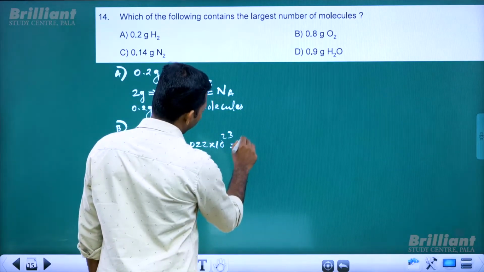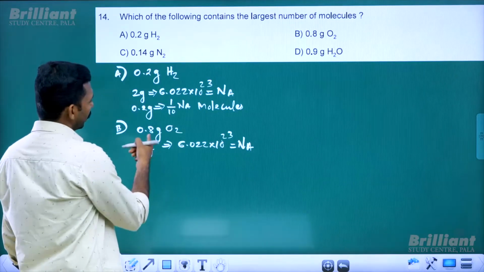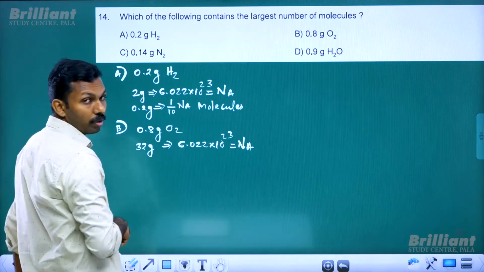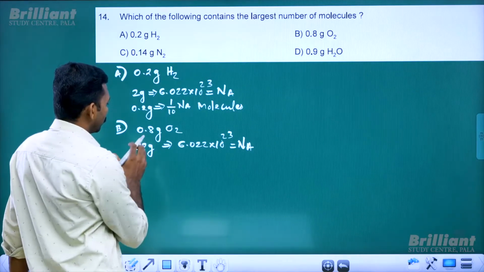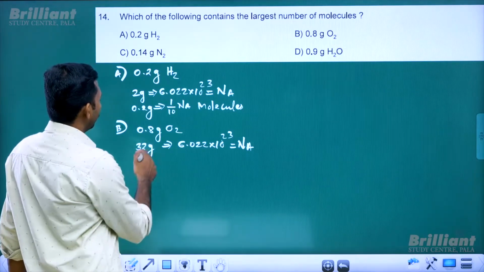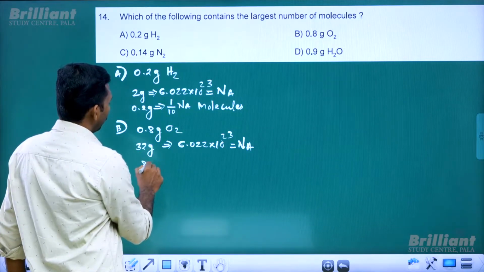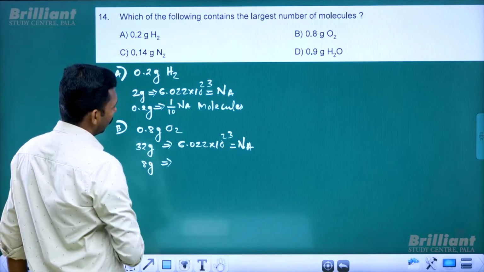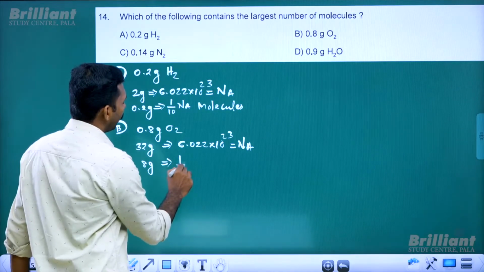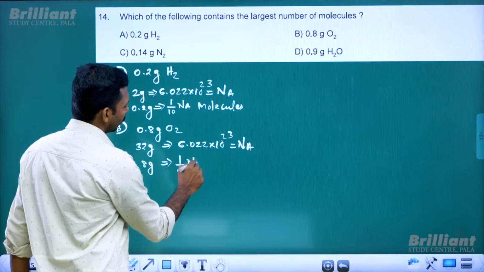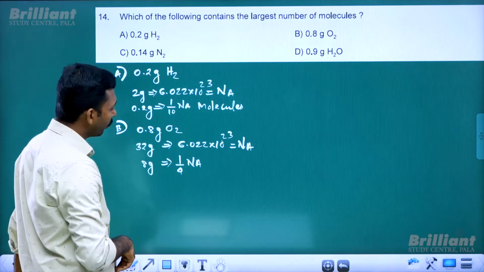That is equal to Na, I am writing. So here it is 0.8. So what will be the amount of oxygen, mass of oxygen in 8 gram? So 8 gram may contain, 32 by 4 is 8, right? So 1 by 4 into Na.